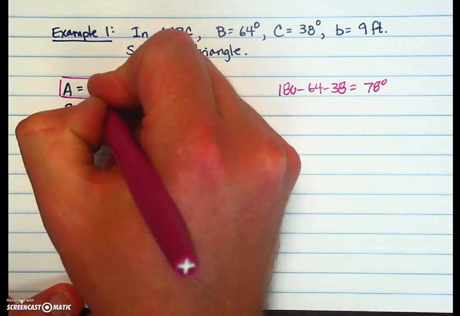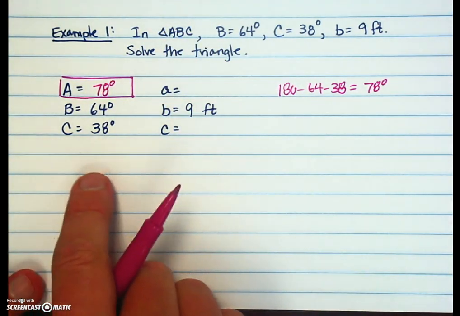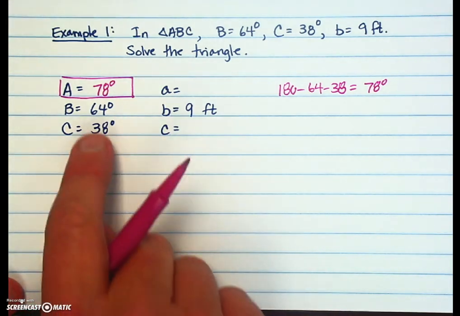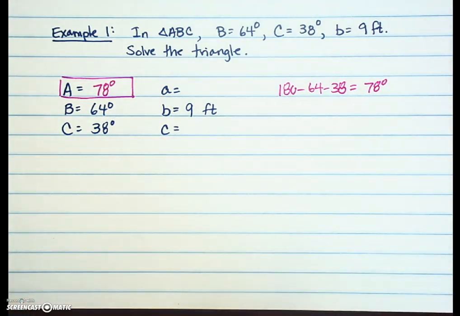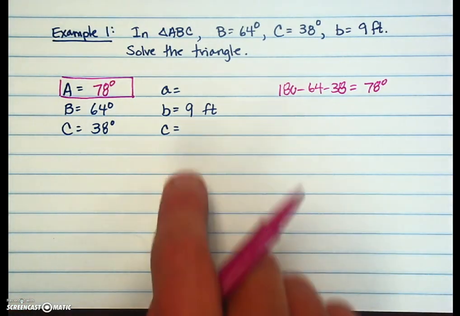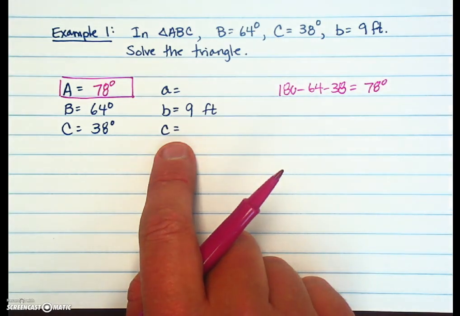So the nice thing about being given two angles is you can find a third angle really quick just by subtracting your angles from 180. Okay?